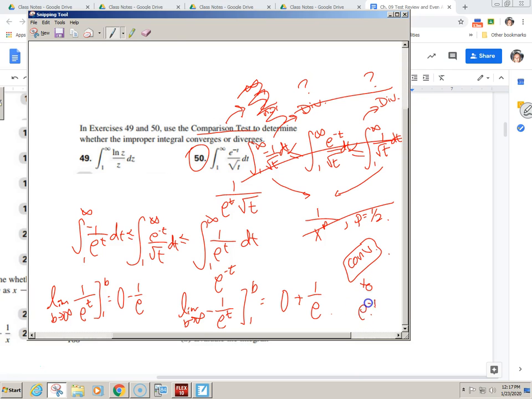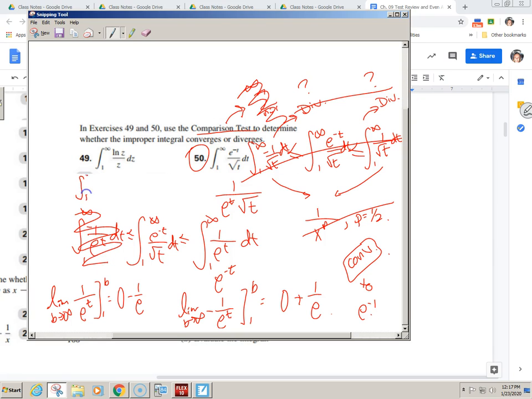You know what I mean? It's not truly squeezed unless they both match.